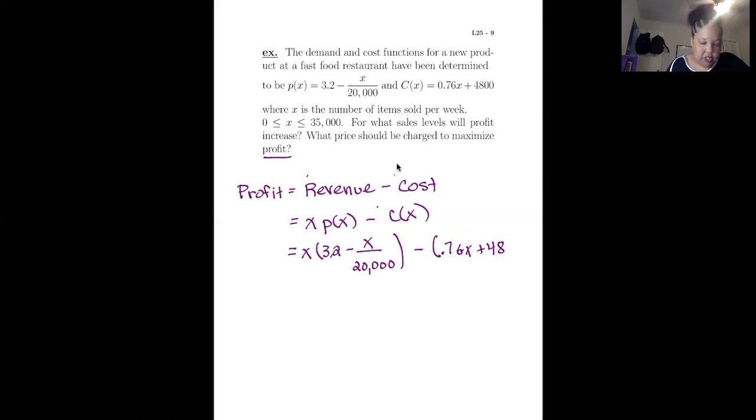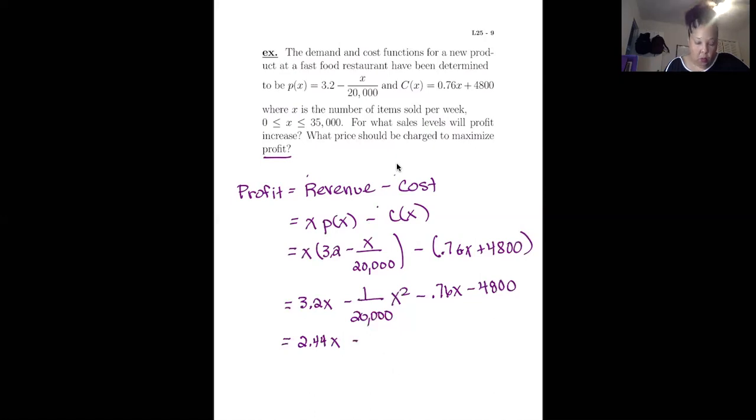Let's go ahead and distribute the x so that I get 3.2x minus 1 over 20,000 x squared minus 0.76x minus 4,800. I'm distributing the negative sign. And now let's add like terms. And I get 2.44x minus 1 over 20,000 x squared minus 4,800.